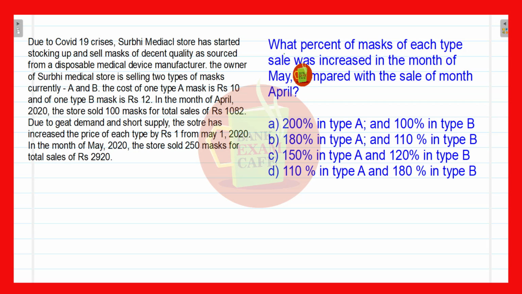Here is the next question. What percent of masks of each type sale was increased in the month of May compared with the sale of the month of April?